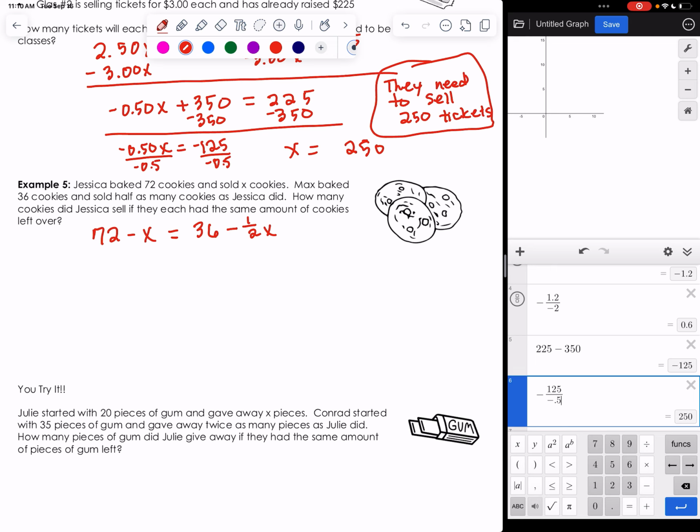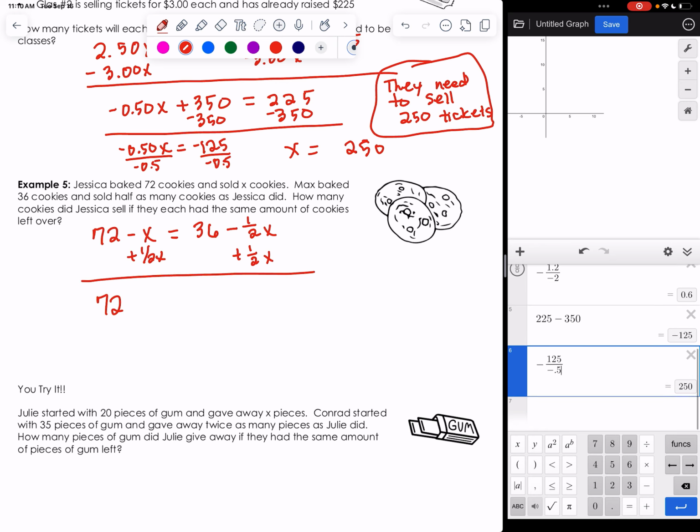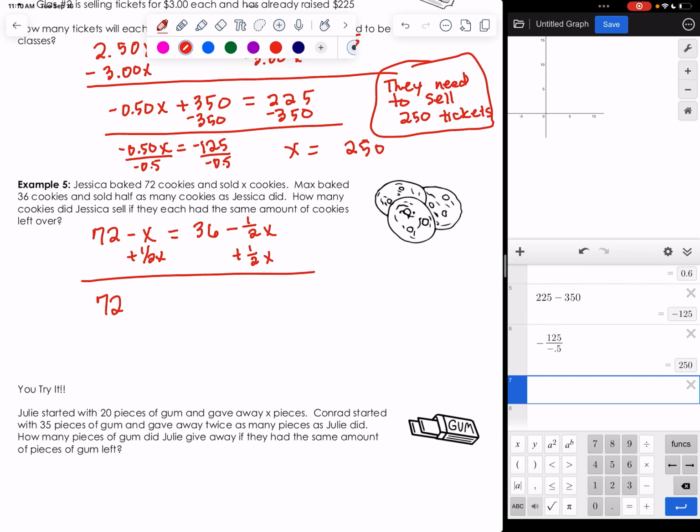All right. So I'm going to start off by adding 1/2 X to both sides. So 72. Now, if you're not sure how to simplify this, we're taking negative 1x, negative 1, and we're adding 1/2. So I'll just put 0.5. So minus 0.5x over here would equal 36. So we will subtract 72 from both sides.